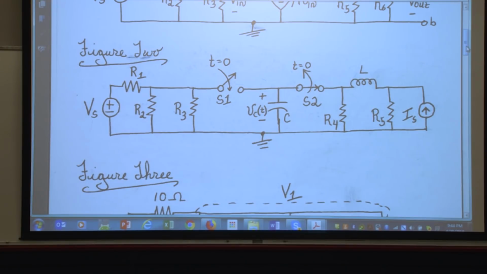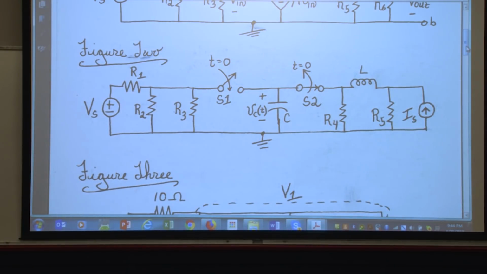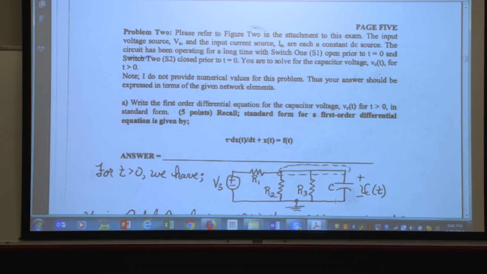So I'll come back to this figure in just a moment, but the first part of the question says, write the first order differential equation for the capacitor voltage V sub C of t.